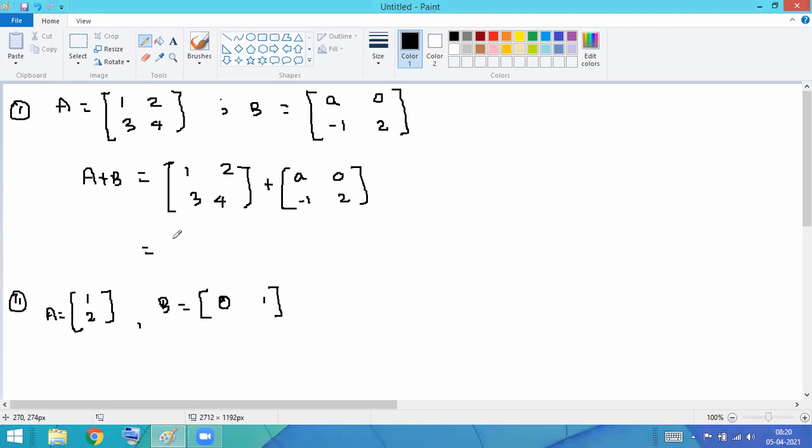If you solve this, we'll get 1 plus 1 is 2, then 2 plus 0 is 2, 3 plus -1 is 2, and 4 plus 2 is 6. So this is the answer.